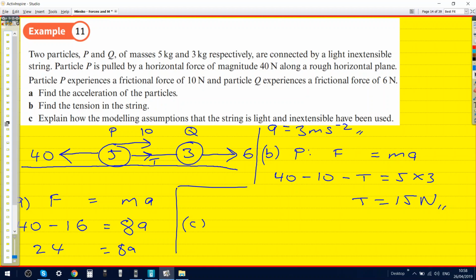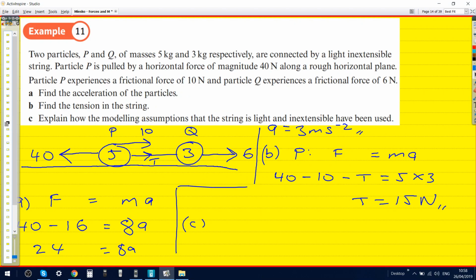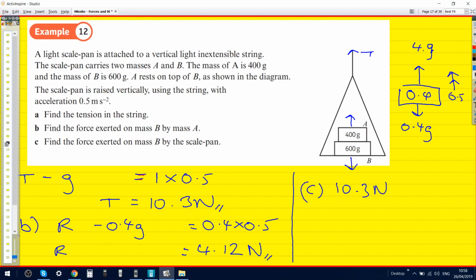There was one more thing about light. No, the acceleration, inextensible, the acceleration is the same for both. And then this one, what was strange about this one? Well, so this is just going up and down instead of left and right.